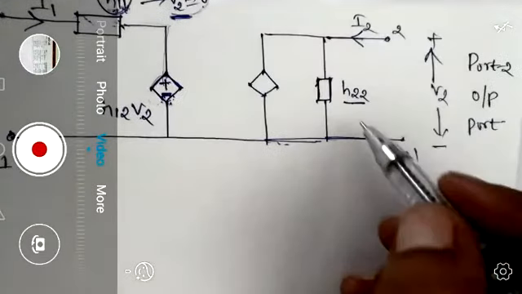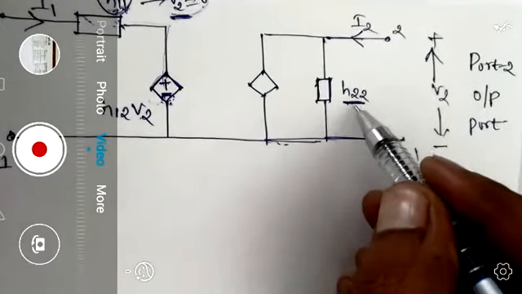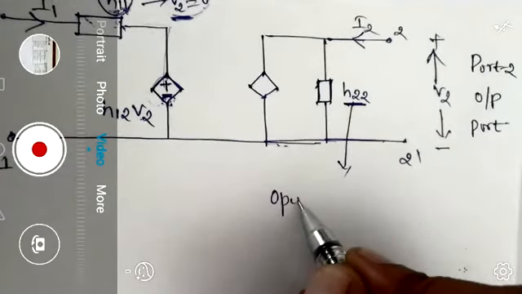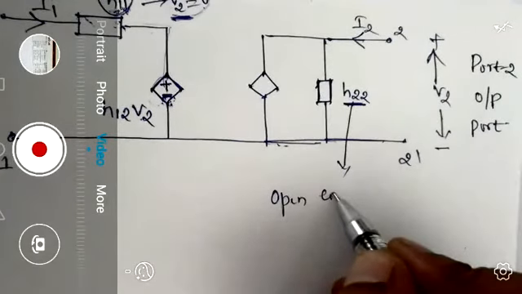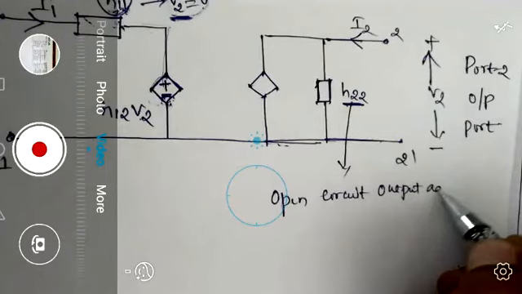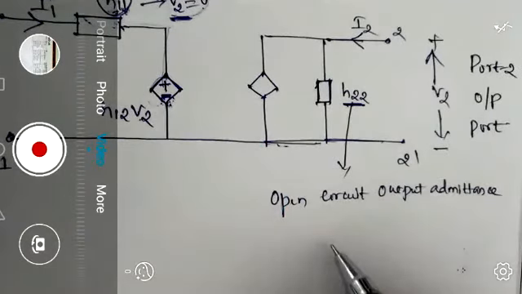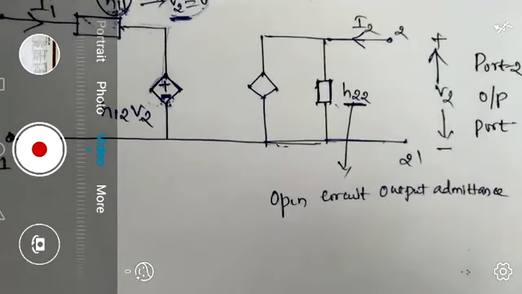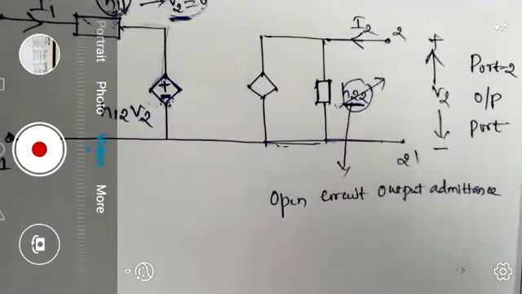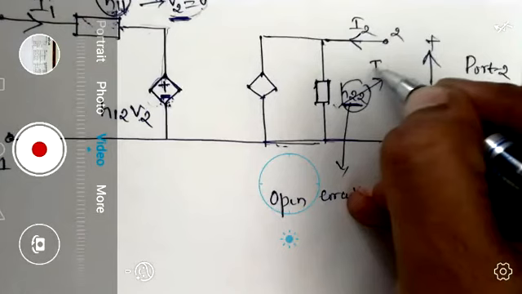Yes, sir. Here I will write, it is open circuit output admittance. So when we got H22, the parameter I1 equal to 0. We got H22 when we make I1 equal to 0.